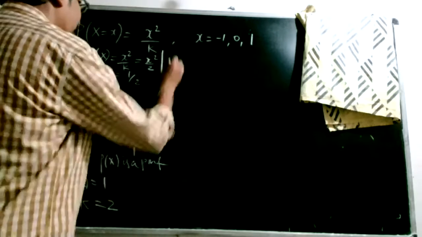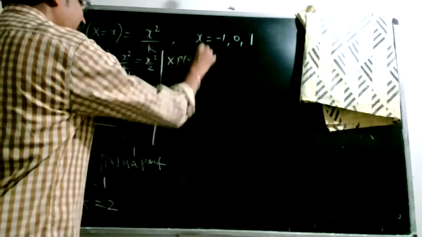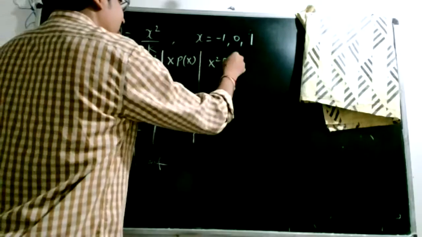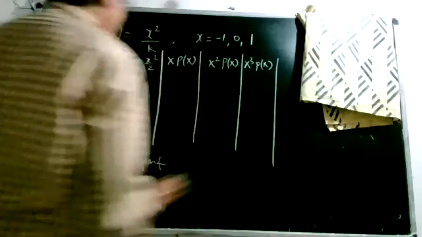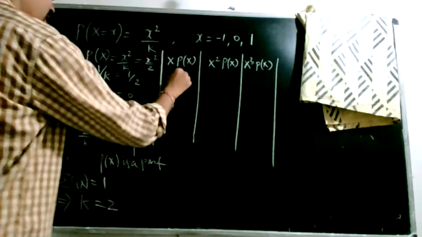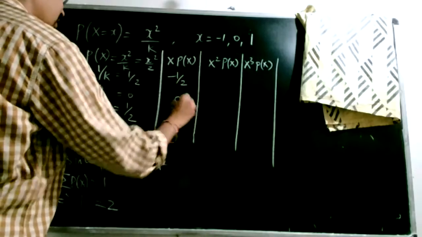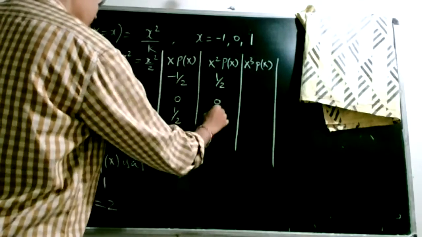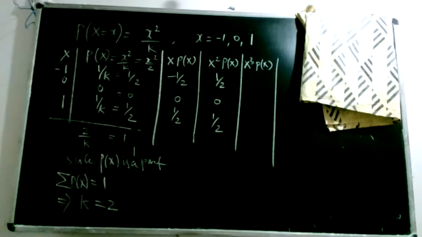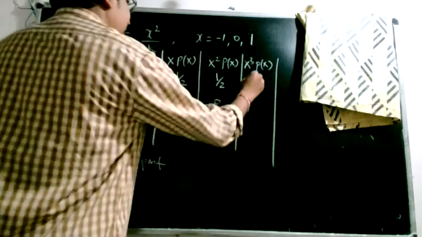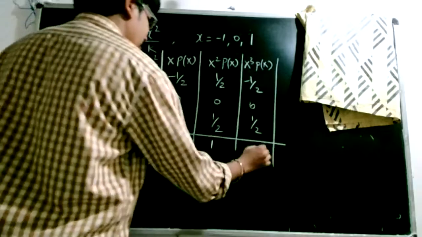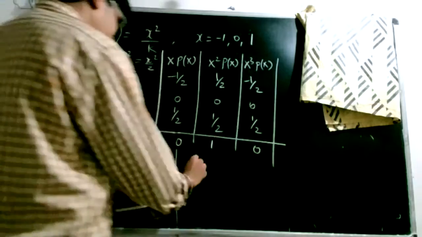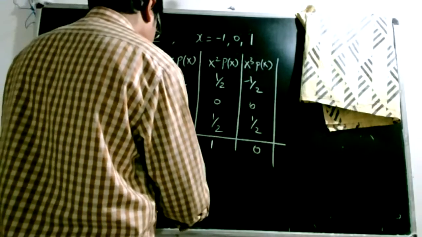Now computing the moments, we'll have x into px, x square into px, x cube into px, x power 4 into px, the first 4 moments about origin. So I'll have -half, 0, half; x square into px will be half, 0, half; x cube into px will again be -half, 0, half. So the totals come to 0, 1, 0. In this particular problem, all odd moments are coming to be 0.